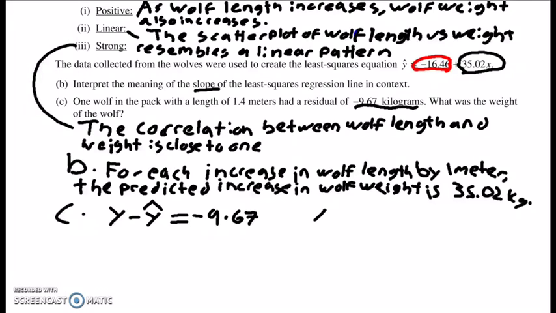So y hat is going to equal negative 16.46 plus 35.02, which is times 1.4, the length.